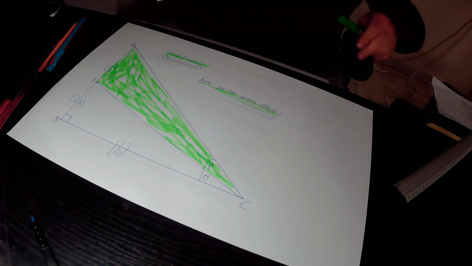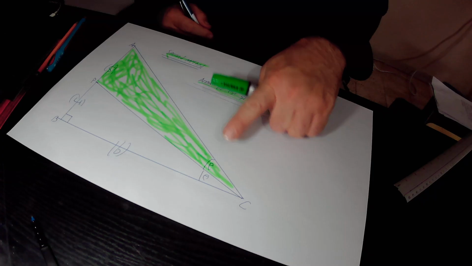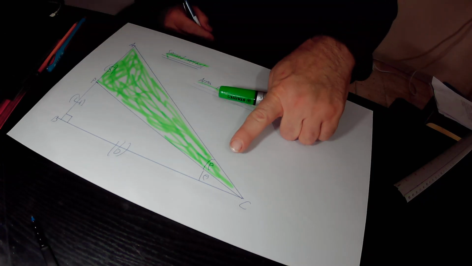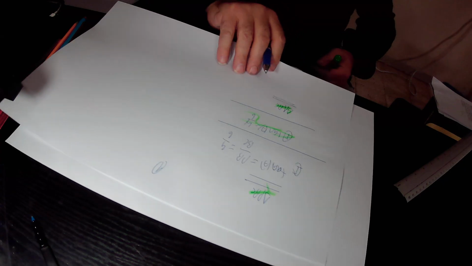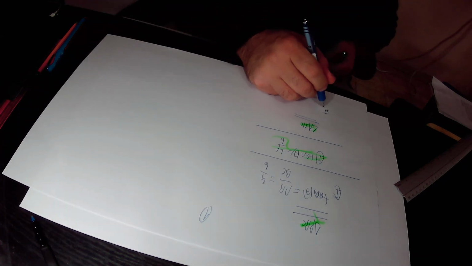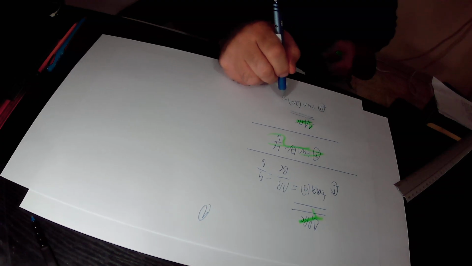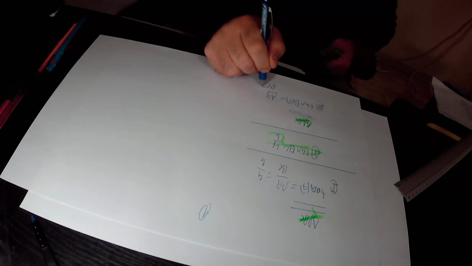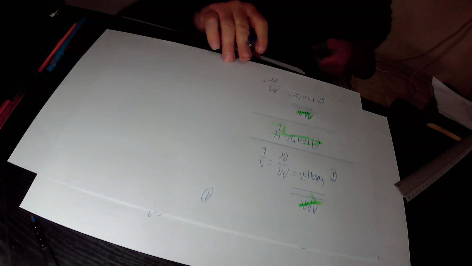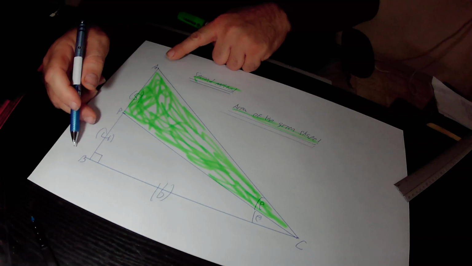In this big triangle ABC, it is very easy to see that tangent 2 theta equals AB over BC. Again, tangent 2 theta in this big right triangle ABC equals AB over BC. AB equals 5 plus 4, that is 9.